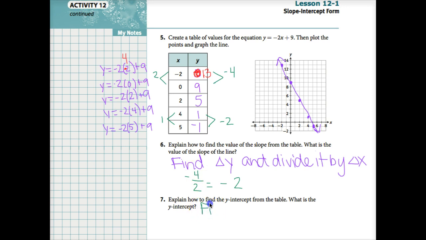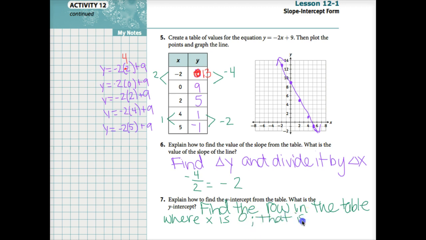So we just need to find the row in the table where x is 0, that is the y-intercept. So if I look at my table here, I can indeed see that I've got 0, 9 right there, which we already knew was my y-intercept, and now we're confirming that we can find that from the table, not just from the equation like we did on the previous page.